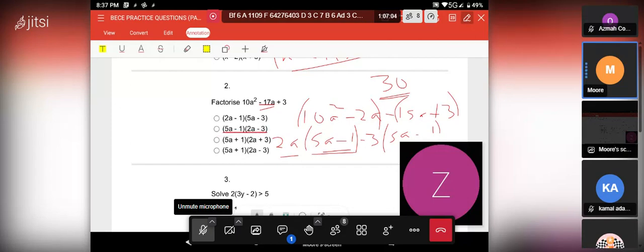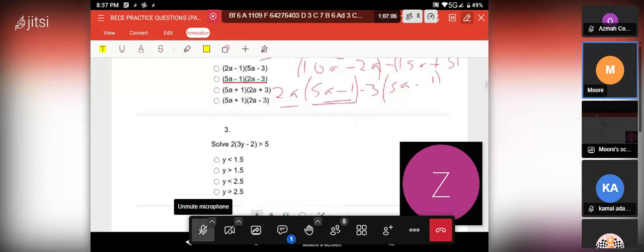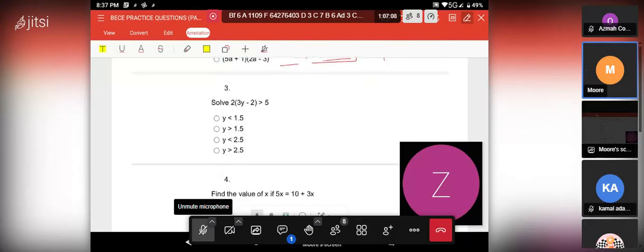Second one. This is an inequality. So 2 open bracket, you use the 2 to multiply the one inside the bracket, and that will give us 6y minus 4 greater than 5. Collect like terms: 6y is greater than 5 plus 4, 9.